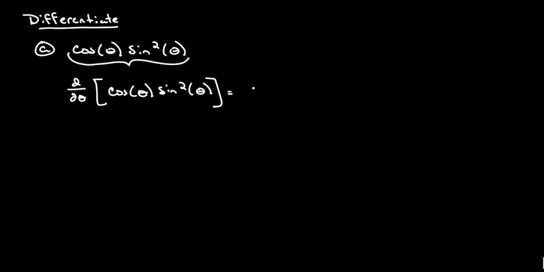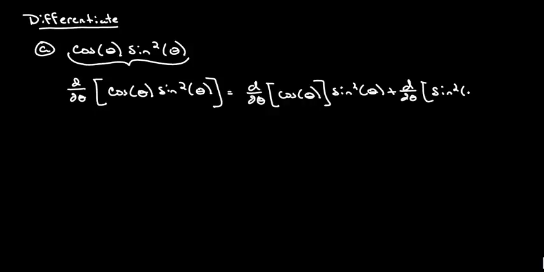So the product rule says we take the derivative of the first times the second plus the derivative of the second times the first.